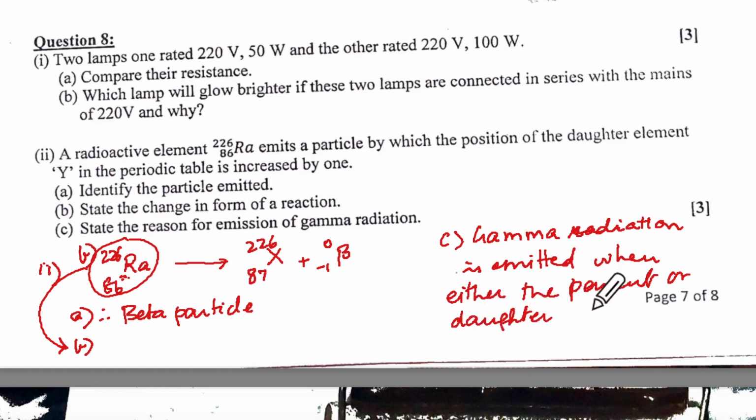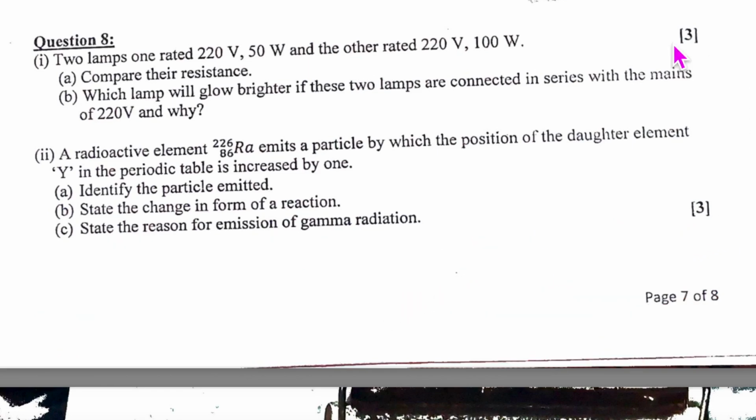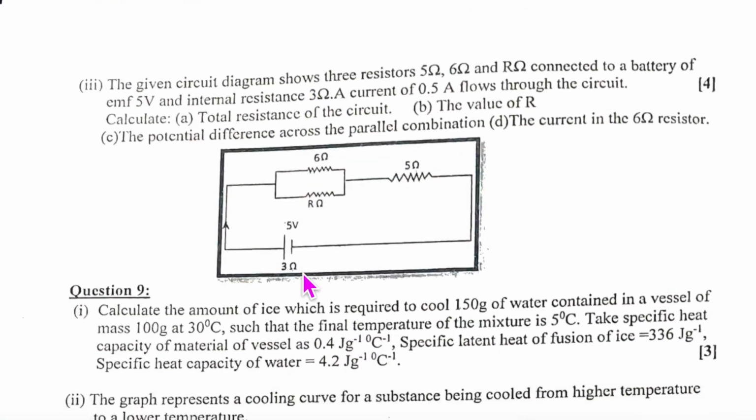Very good. The daughter is in an excited state. Underline the words excited state. That is, it has more energy than required, and that energy is removed as gamma emission. So that is your answer.